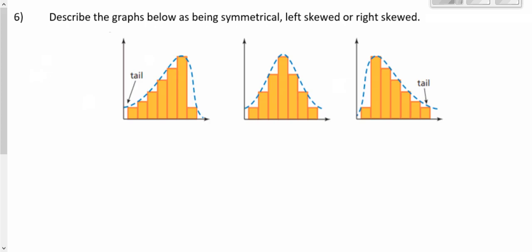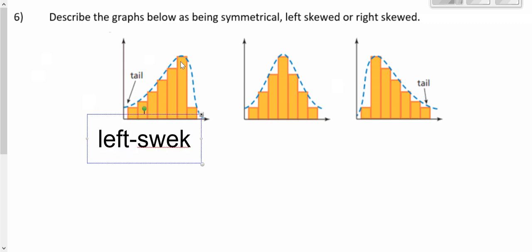Okay. Number 6, describe the graphs below as symmetrical, left skewed, or right skewed. So when we're looking at our first graph, graph A, our tail is on the left side, so this would be left skewed.